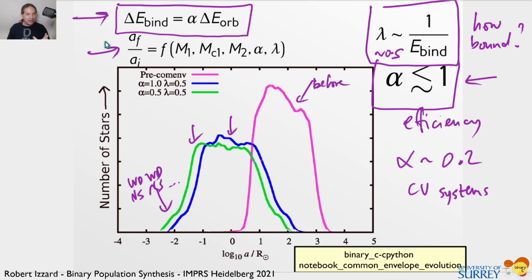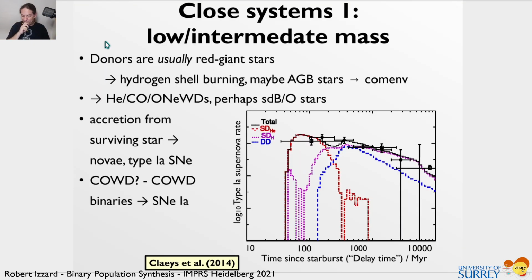There are ways to make alpha larger should you wish to, but I think it's best to say that we don't know what alpha is. And one of the approximations that goes into most of our models is that alpha is just a constant. We don't know. Now, I've made a notebook that we'll see in a minute, which is the binary C Python notebook. Please have a go with that, and you can make your own distributions, and you can do this experiment yourself. It's not difficult to do.